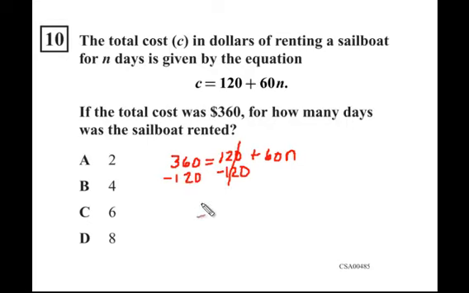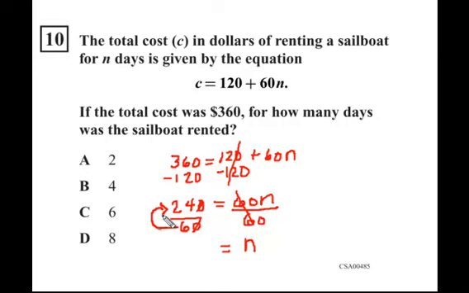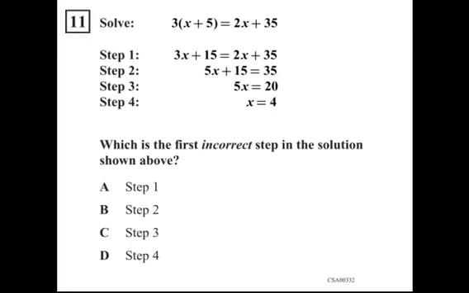These cancel out. Now, let's divide each side by 60. These cancel out, leaving the variable n. We can cancel out the zeros and see that 6 can divide into 24 4 times. So for $360, a sailboat can be rented for 4 days. The answer is B.